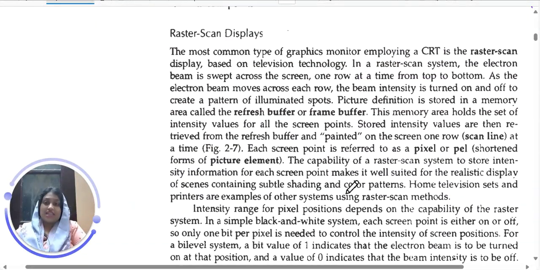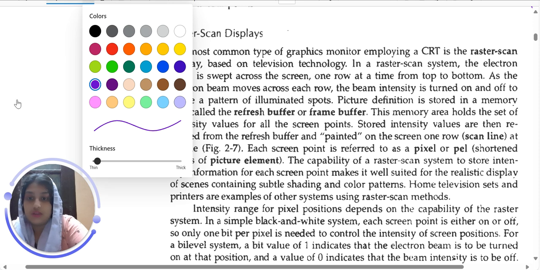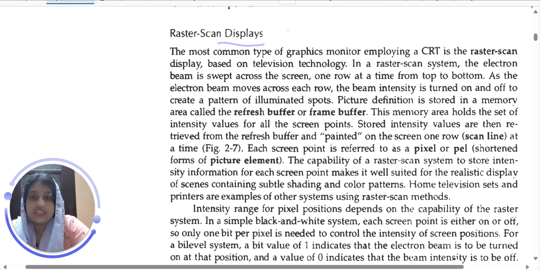Now, raster scan displays. The most common type of graphics monitor employing a CRT is the raster scan display, based on television technology.